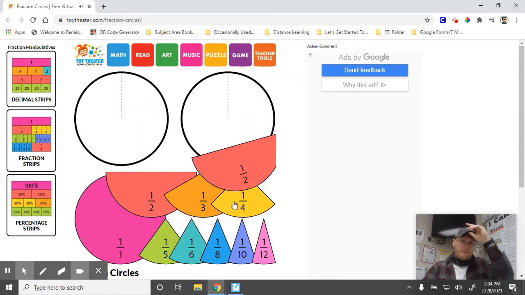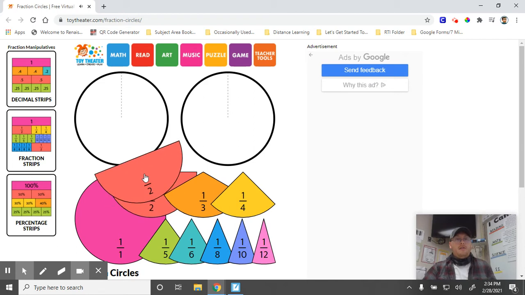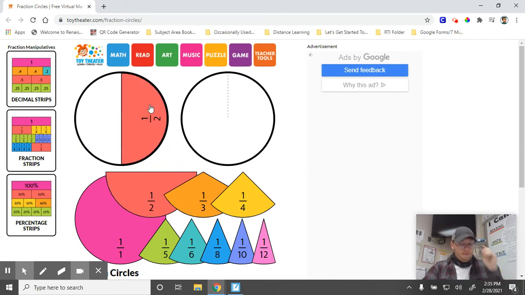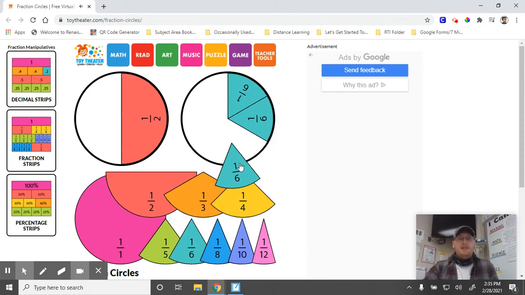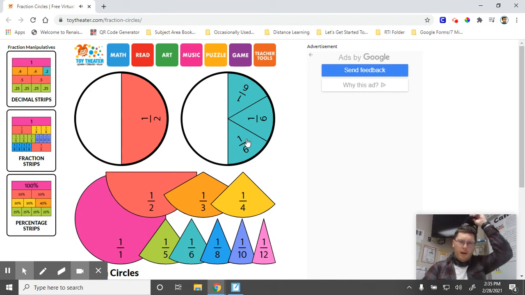Now, let's say that I have this right here. I have half, and that represents my whole. I need to know what's equivalent to this. So I'm going to take this, and this. Sorry, that was the bell. I'm here at school.